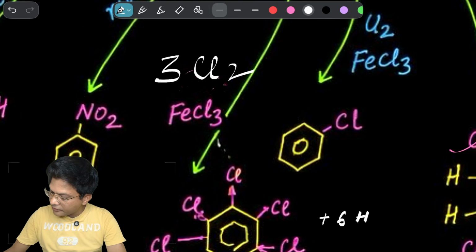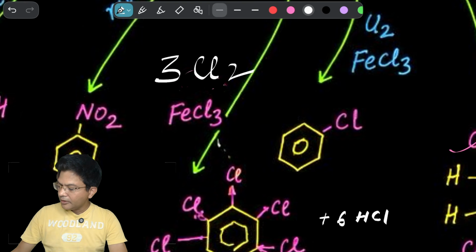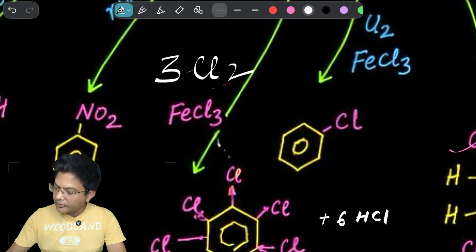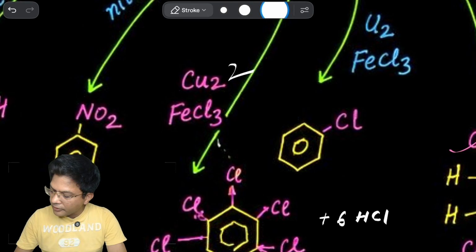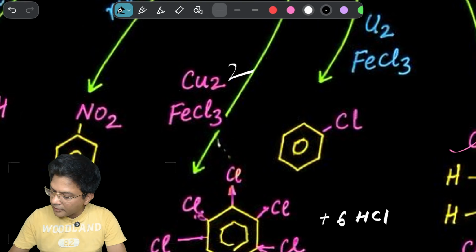So how many Cl atoms should be required? Atoms of Cl must be 6 and 6, 12. So I should write here 6Cl2. Remember that. I should write here 6Cl2, not 3Cl2, because 6 HCl has to be eliminated, right?